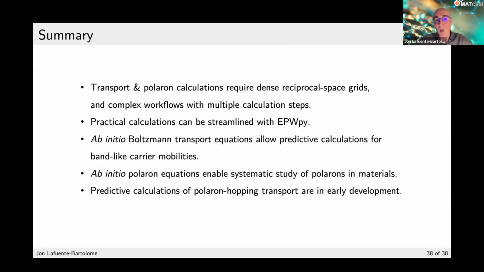I also wanted to highlight that while Boltzmann transport equations for band-like transport are very mature and allow for predictive calculations, it is my opinion that for polarons, we are making very important steps towards predictive calculations of polaron hopping activated transport, but we are not there yet. We are still at the level of formation energies, wave functions, and so on, and more work is needed to get to the same level of precision as we have in Boltzmann-like transport.